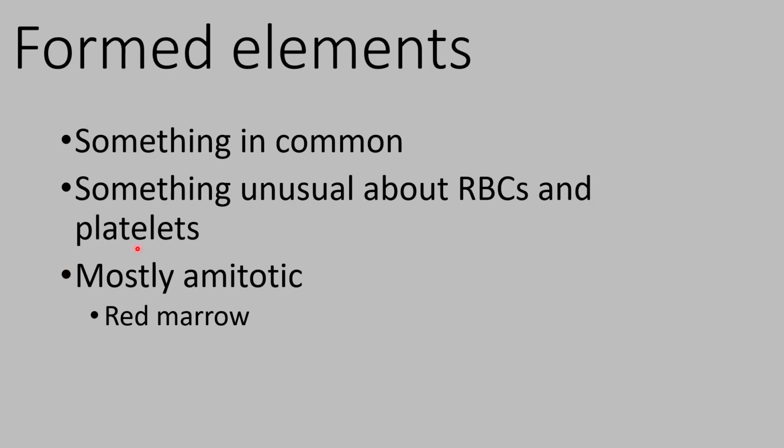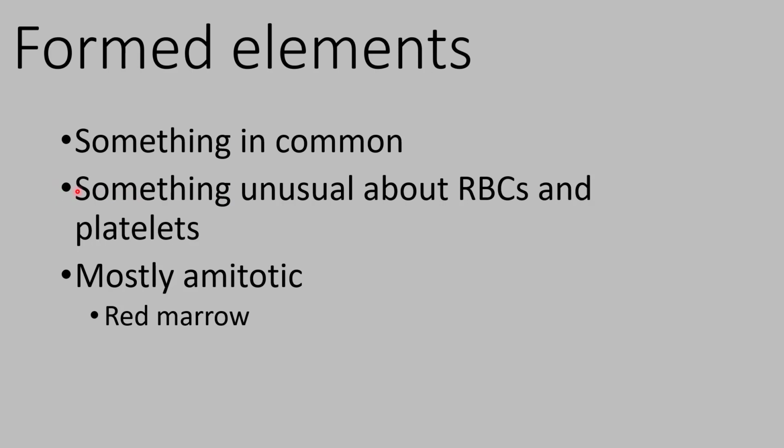So the formed elements, they all have something in common, and that is that they are all cellular in origin. They come from cells, or they are cells. Some are cells, some are not.